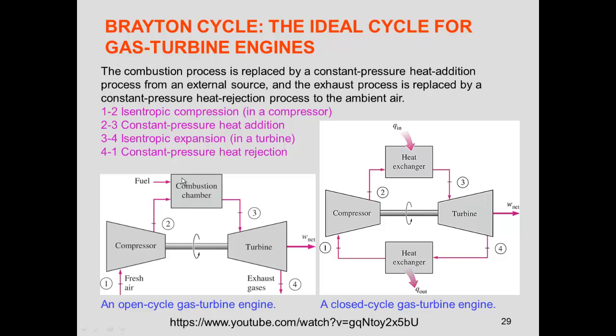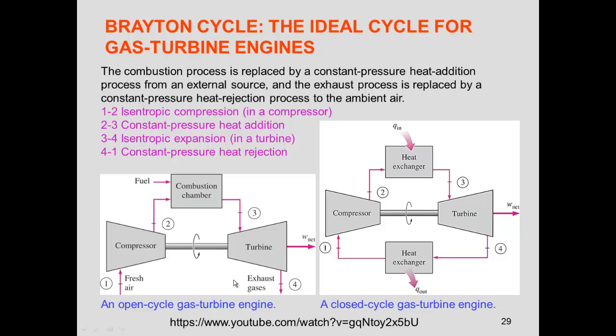Once you mix it in the same combustion chamber, you make combustion of that mixture, which will release a lot of energy. Gases will try to expand, and you expand in a turbine. Part of the work will go to the compressor, so the same turbine will power the compressor, and the rest will be delivered for its use. After the expansion, we have excess gases that go to the atmosphere.